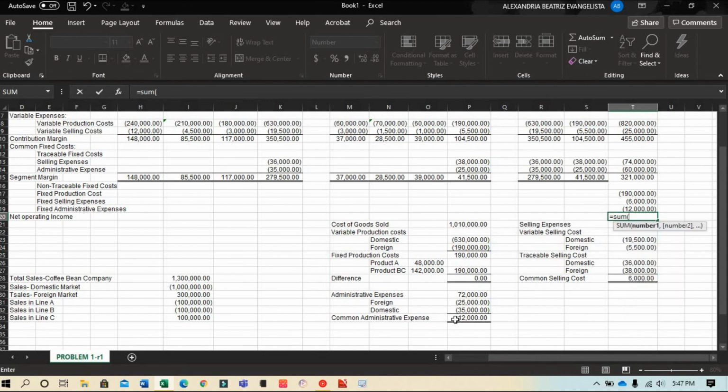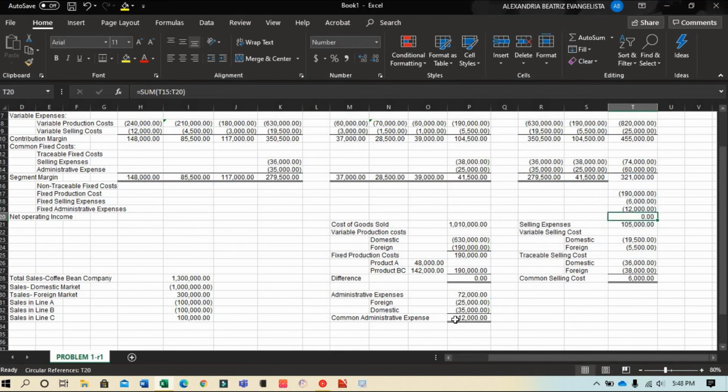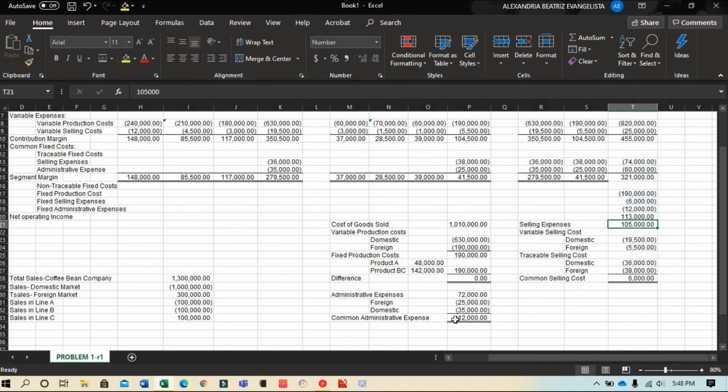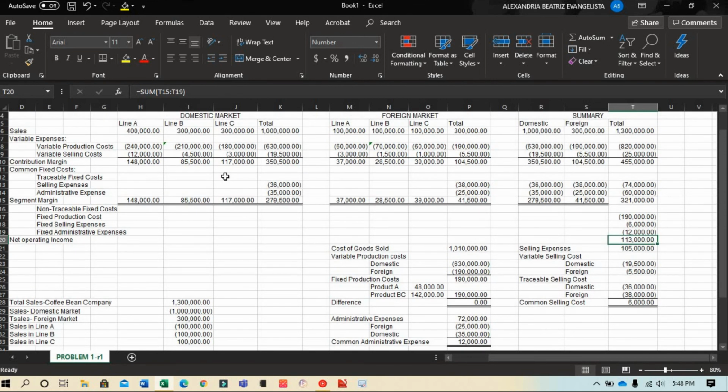the net operating income for the coffee bean company, which is 113,000, and as you can see, it is the same with the income that was presented in the income statement.